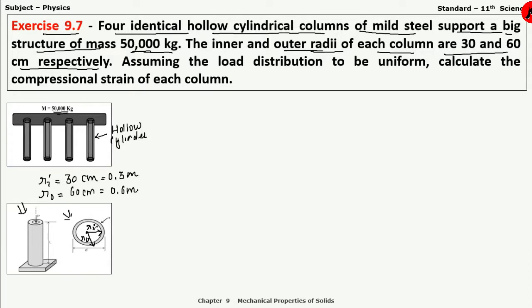Very simple, right? Assuming the load distribution to be uniform, the load is distributed uniformly among all four columns. And we need to calculate the compression strain of each column.